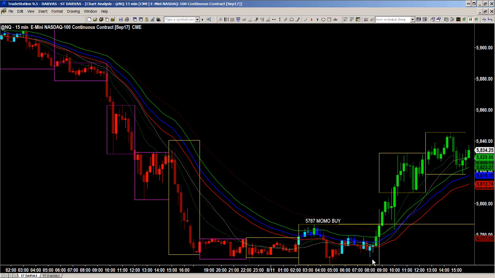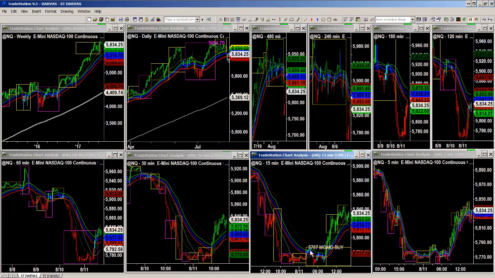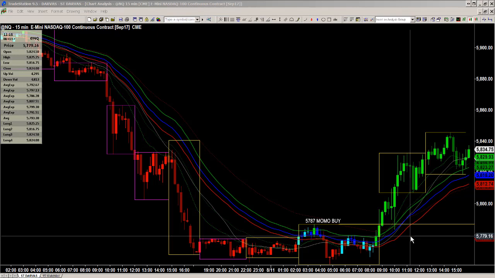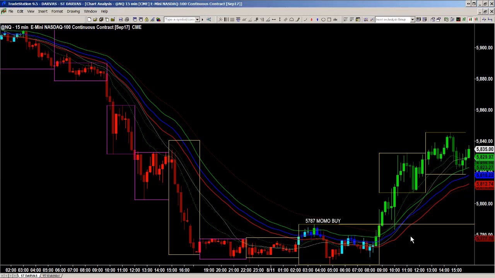So we had a 57.87 momentum buy. Again, the box was in play. This time I was a little bit more conservative because I could have taken this trade earlier and a little bit more aggressively through the wave break, which happened way down around 57.80. But 7 points on an intraday time frame may seem like a lot, yet I thought that 7 points was worth waiting for.